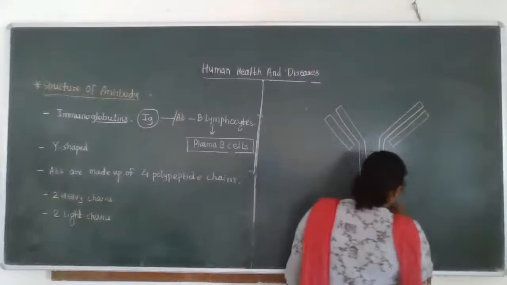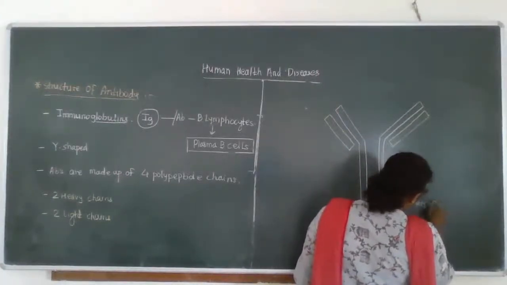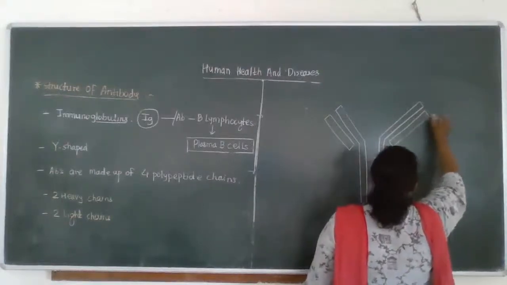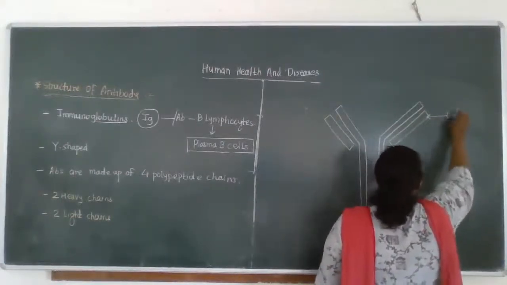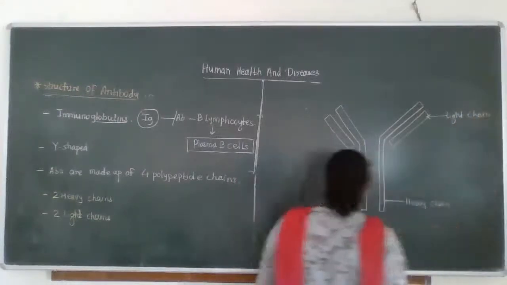These are the heavy chain. And this is the light chain. Clear, everyone?